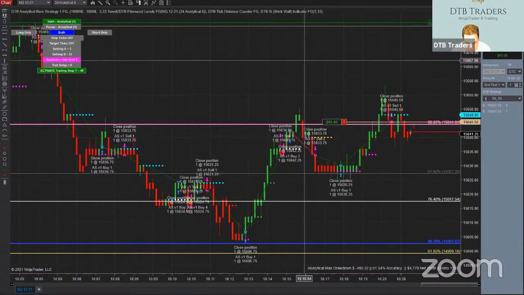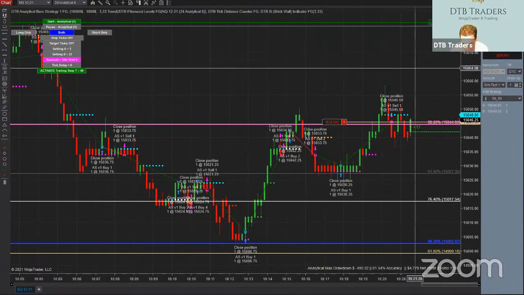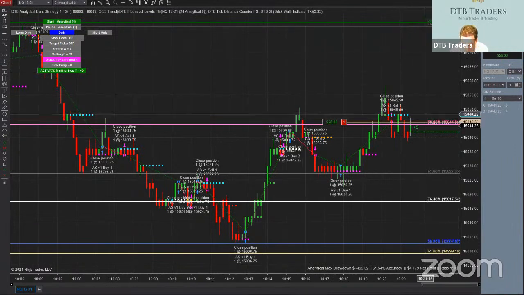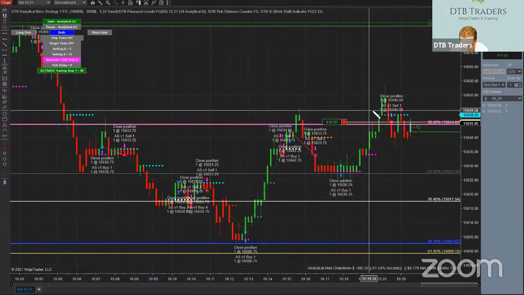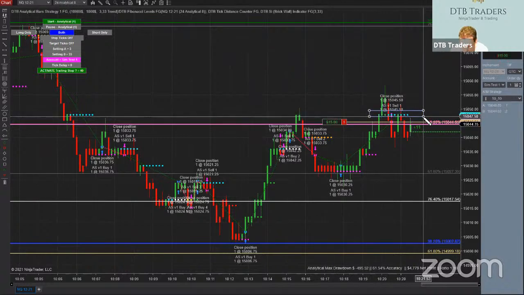I don't know what the brick wall is looking like. I mean, there's a brick wall over there. So that's where the current brick wall is for these optimized settings. That is the brick wall.